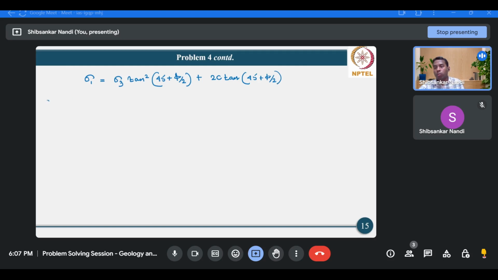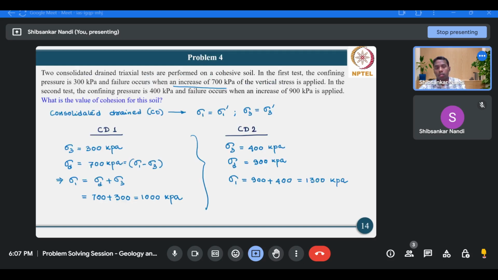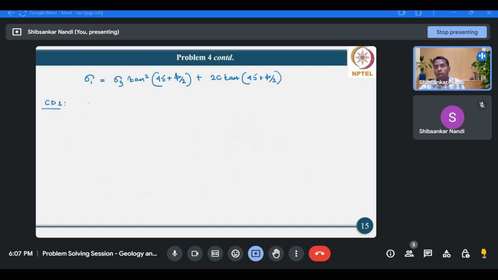Now for CD1, we can write that 1000 equals 300 tan square 45 plus phi by 2 plus 2c tan 45 plus phi by 2.